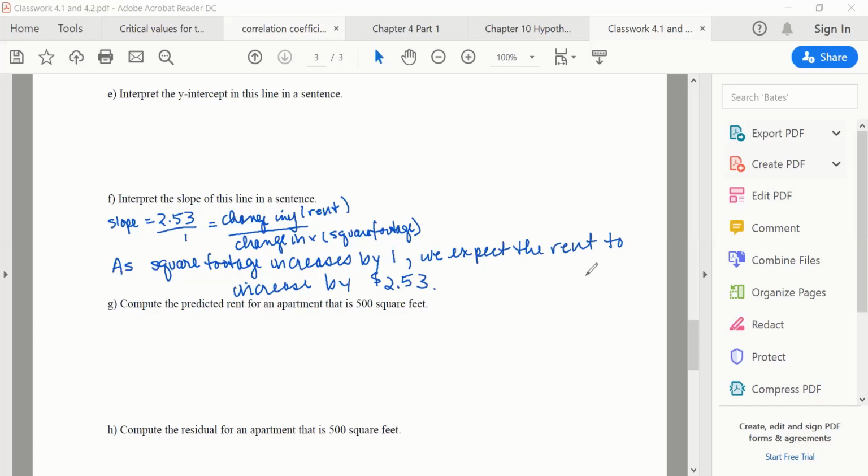Any questions? So I write it, this equation here just helps me write the sentence.